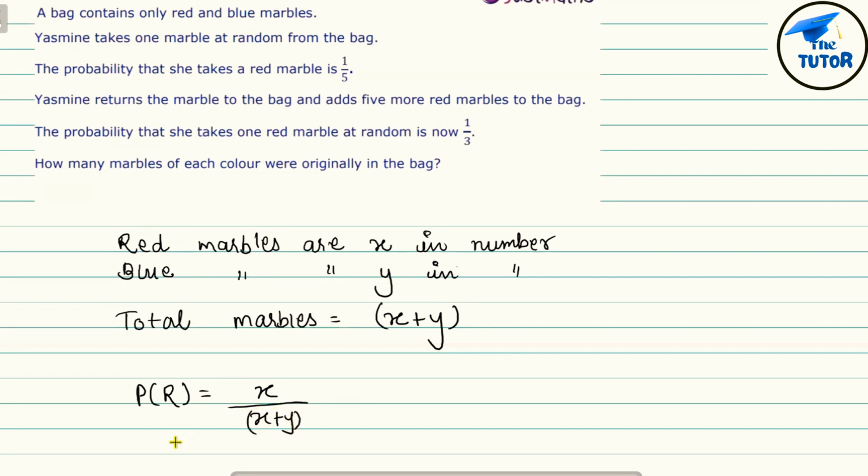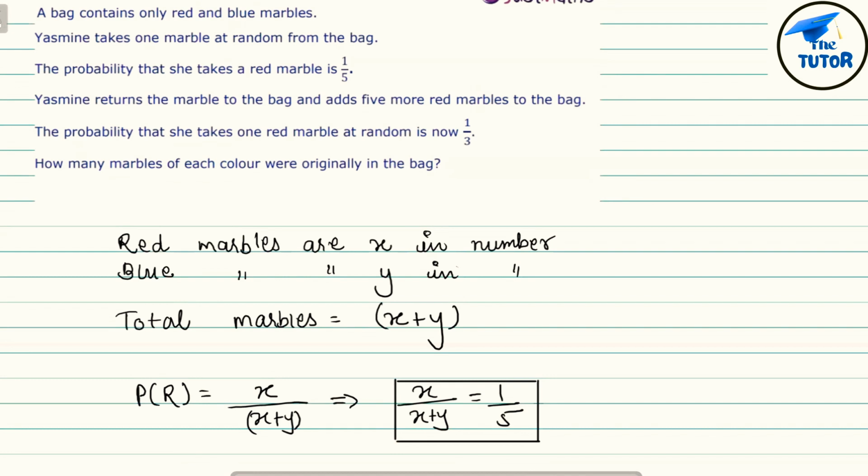We already know the probability of getting a red marble is 1 over 5 in the question. That means we can write x over x plus y is equal to 1 over 5. Here is the equation that we have got. This will help us figure out the values of x and y.